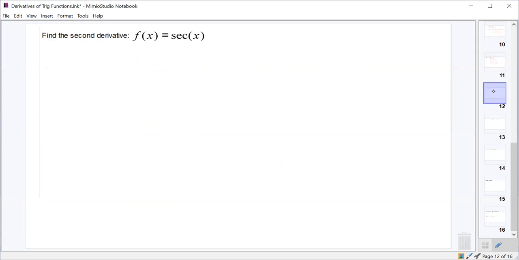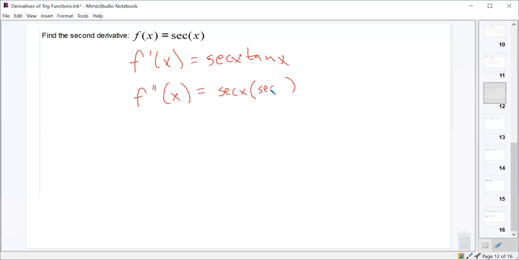Let's find the second derivative of secant x. What's the first derivative? Secant x tangent x. Good. And so then we need a second derivative, which means we're going to use the product rule. Secant x times the derivative of tangent, which is secant squared, plus tangent times the derivative of secant, which is secant tangent.